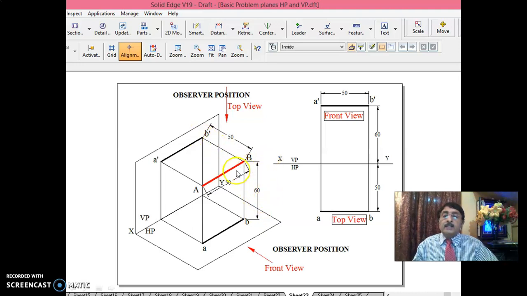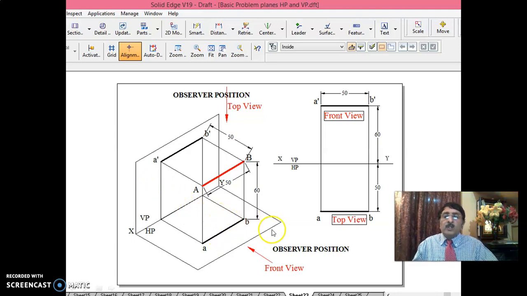The requirement for this basic problem is that when the line is in this way in space, in front of VP and above HP, that is the first quadrant. Please understand, afterwards we do problems only in the first quadrant. Throughout, it is only problems in the first quadrant. That means it is in front of VP, above HP.